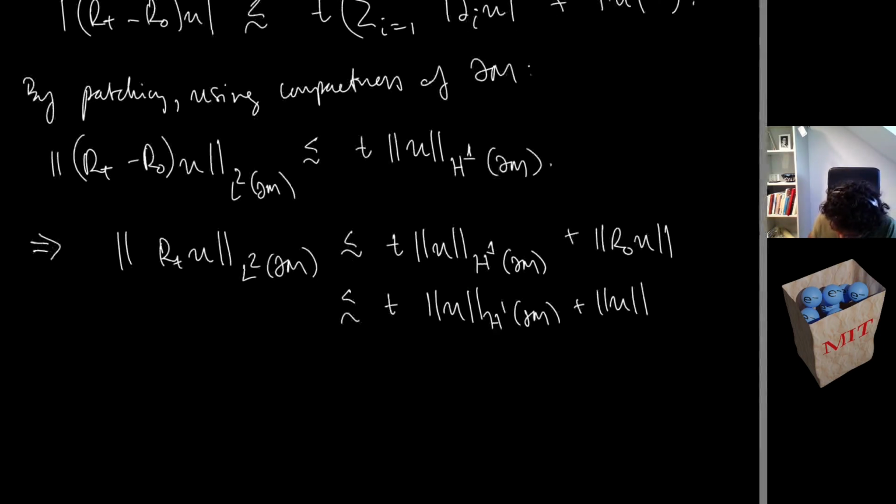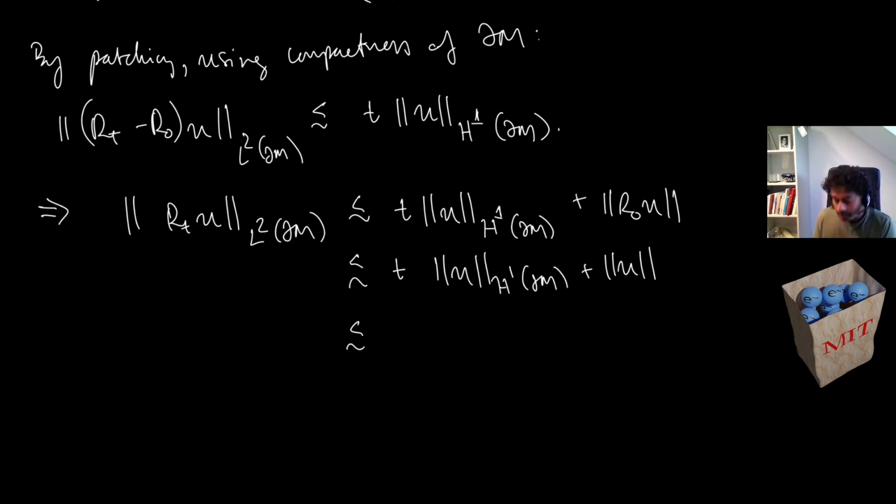But now the point is that the operator A is an elliptic operator of order 1 on a compact manifold without boundary, right? The boundary is a boundaryless compact manifold.